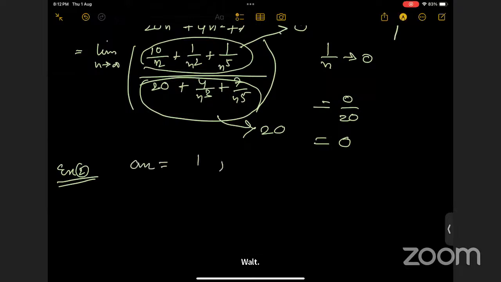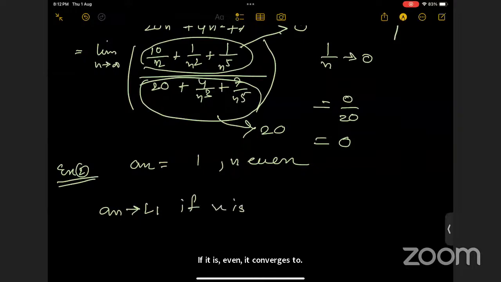We can just take, if n is odd, a_n is a function which converges to L1. If it is even, it converges to L2.